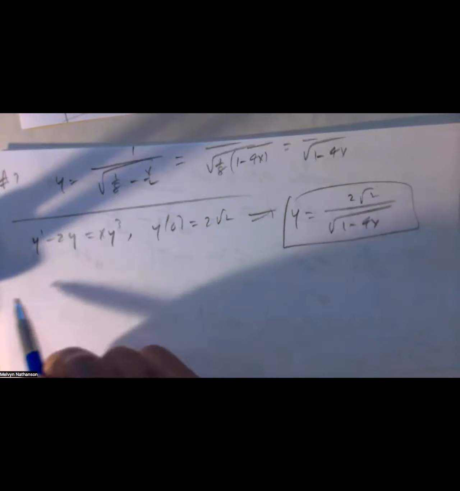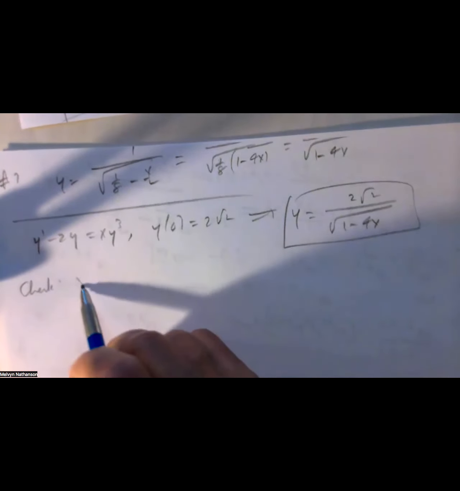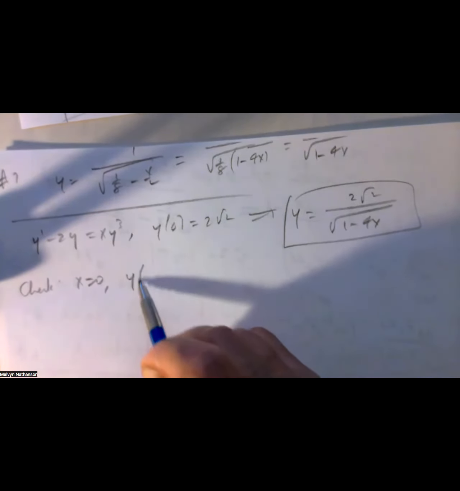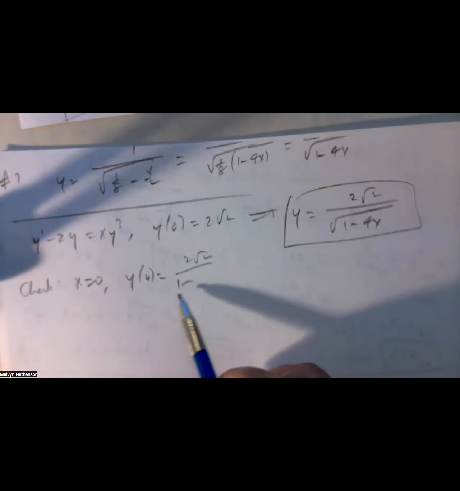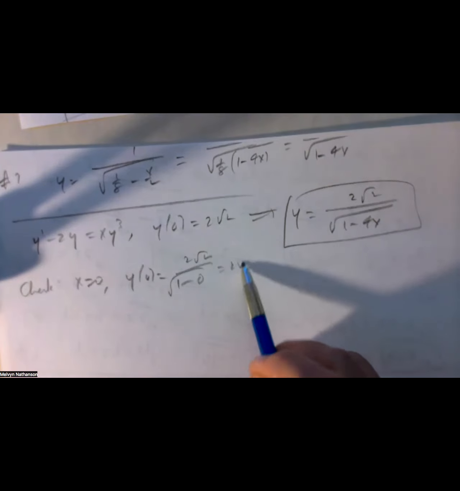And again, you can check. First, when you let x equal 0, y at 0 is 2 root 2 over the square root of 1 minus 0, which is 2 root 2, so that checks.